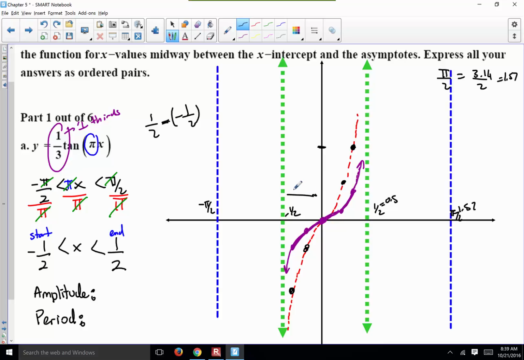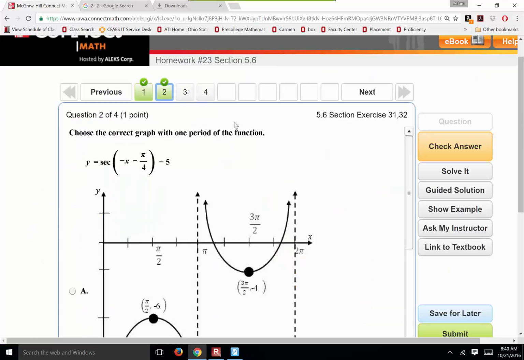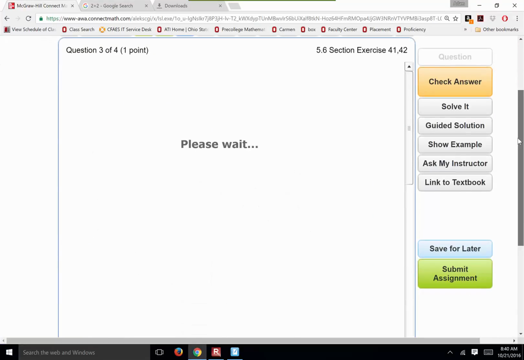So from here to here, you measure it. 1/2 to the left, 1/2 to the right. Total is 1, because 1/2 plus 1/2 is 1. So the period is 1. What is the old period? The old period was pi. Now it shrunk to 1.